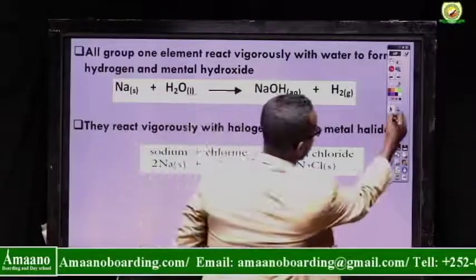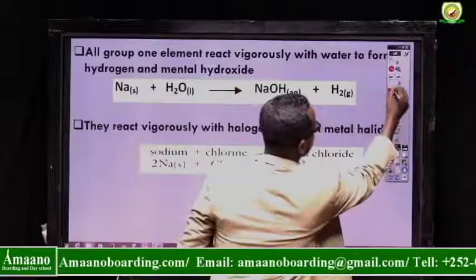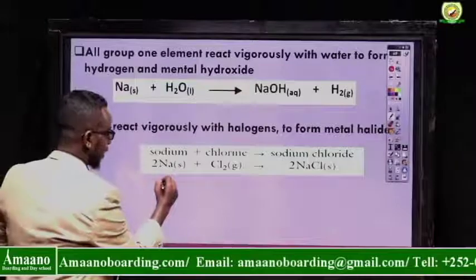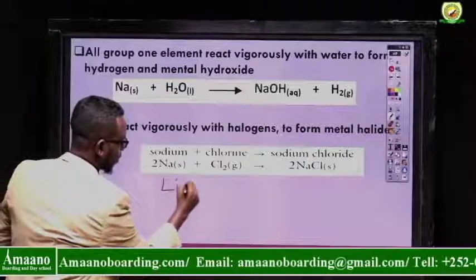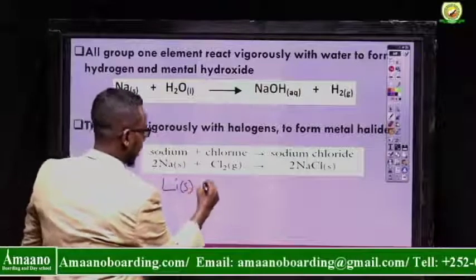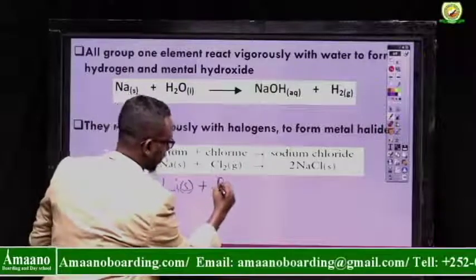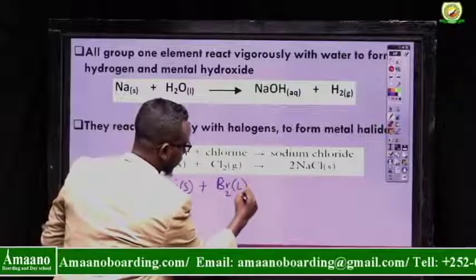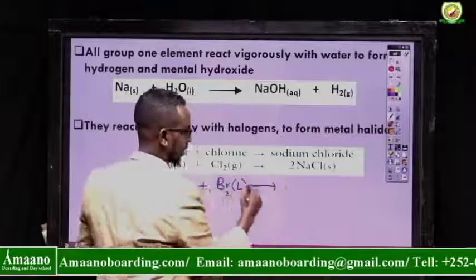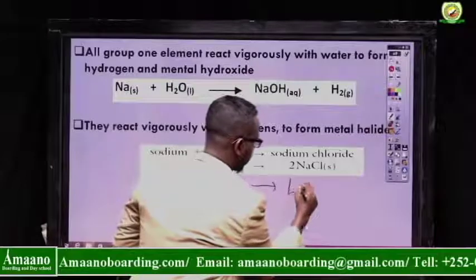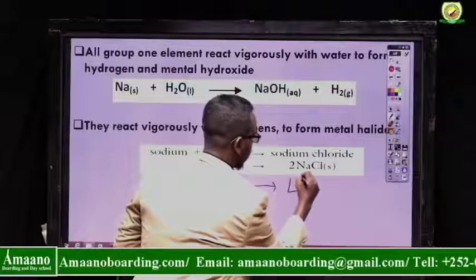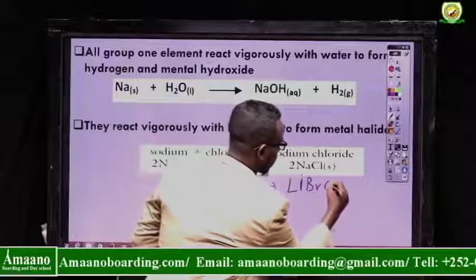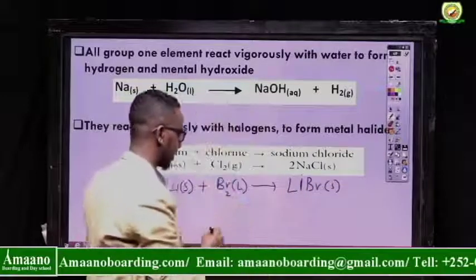Halide compound. So can we write another metal which is not sodium? Yes, I can write lithium. So lithium, which is solid state, can react with, say, bromine, which is liquid at room temperature. Then it produces lithium bromide, which is solid state.